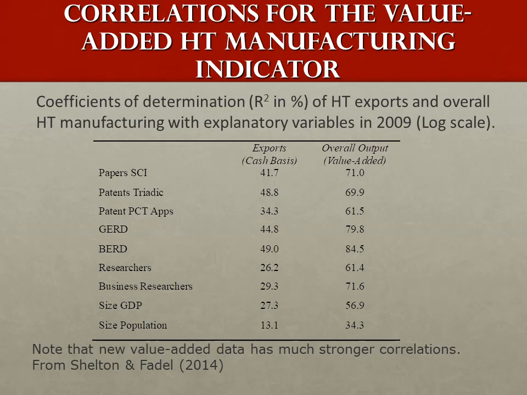And so the second column attempts to correct for that. It measures exports on a value-added basis. It attempts to determine the percent of foreign-made components in a product like an Apple iPhone, and it credits those components to the source countries. So this is a more accurate way of measuring international trade.